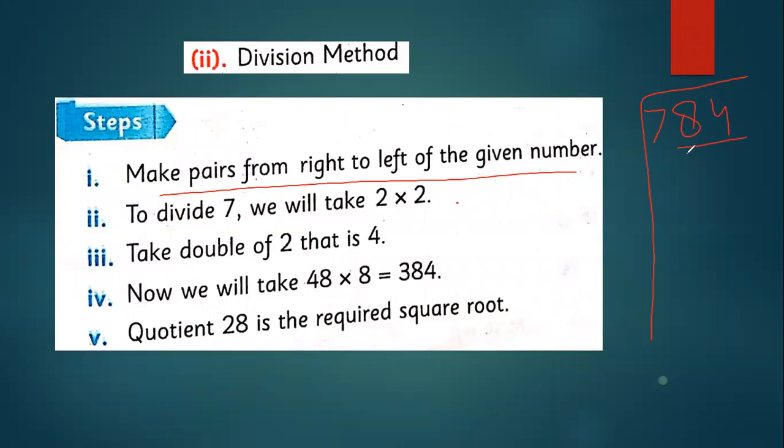Now, to divide 7, we have to try two twos, three threes, four fours. If we take two twos, that is 4. When we subtract this, we get 3.